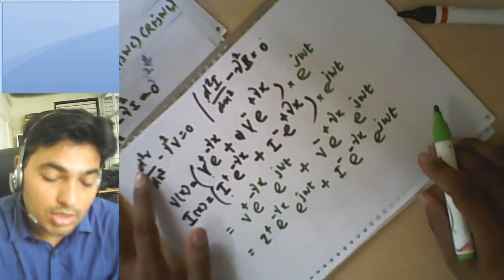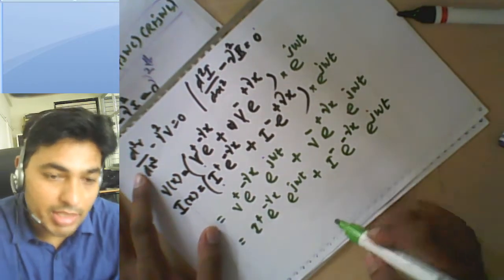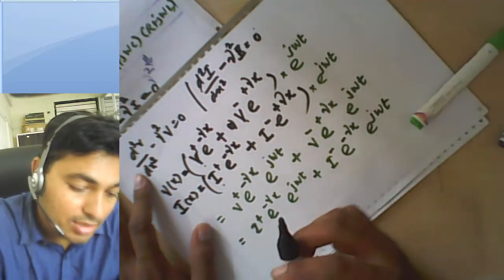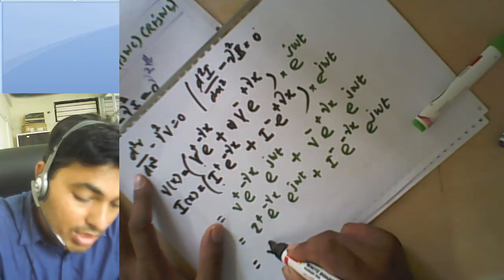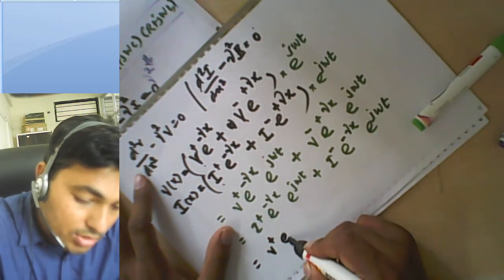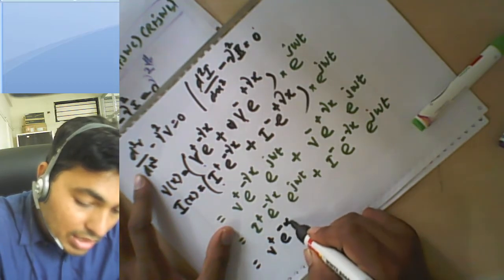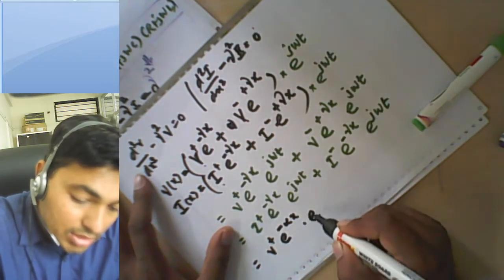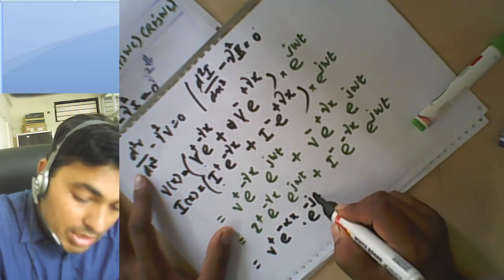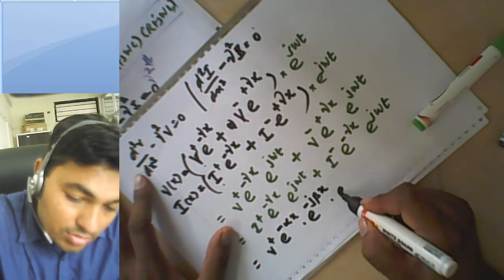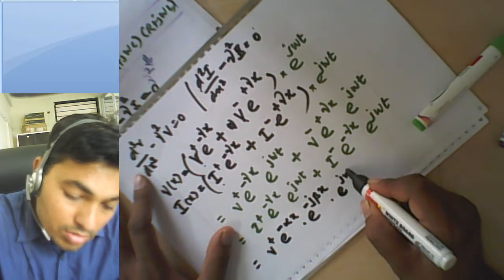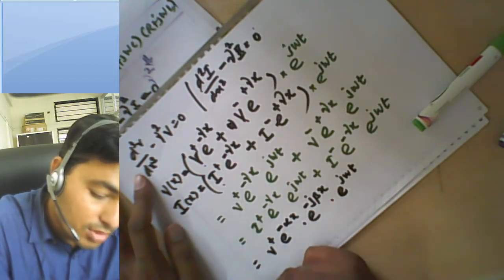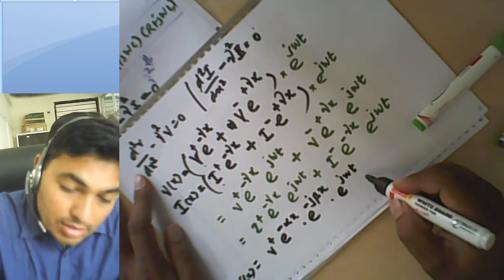Now gamma is what? It is alpha plus j beta. So we'll write once again: V plus e raised to minus alpha x into e raised to minus j beta x into e raised to j omega t. This is for Vx plus.